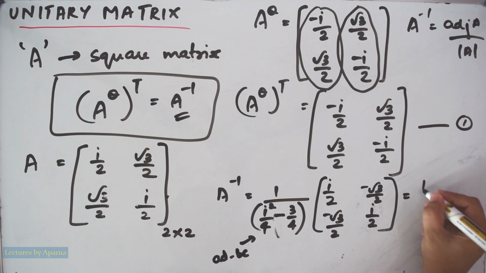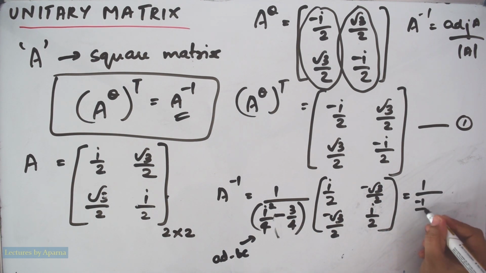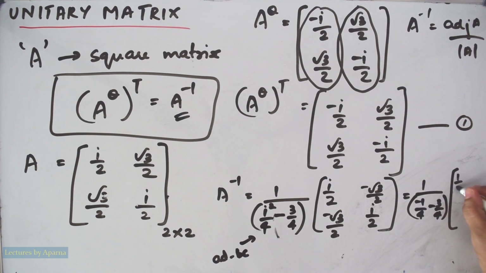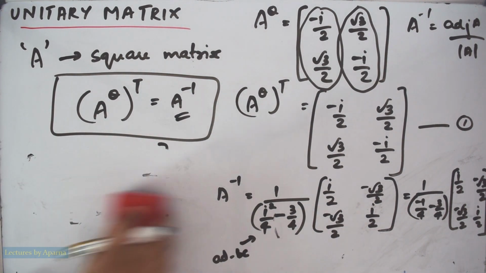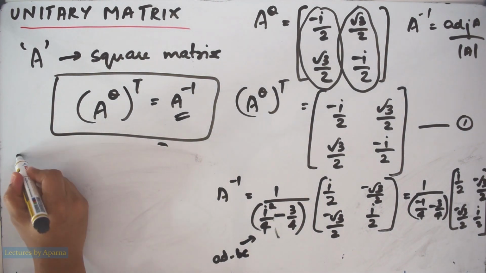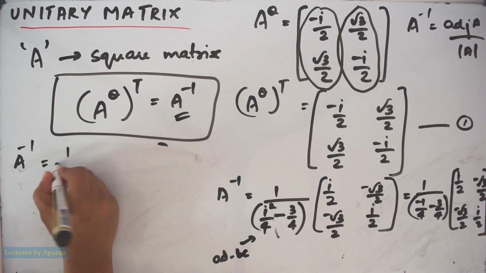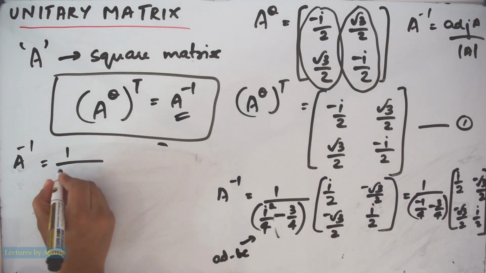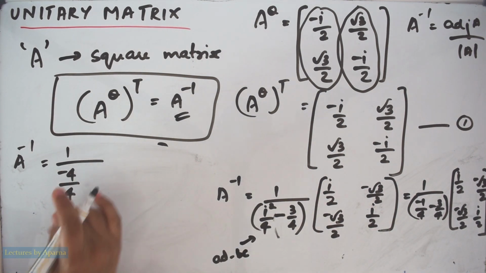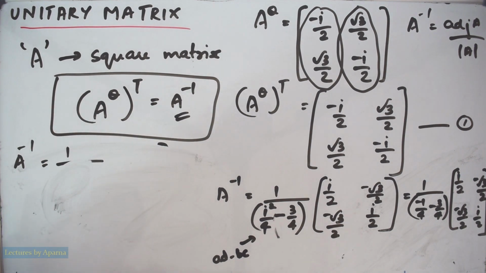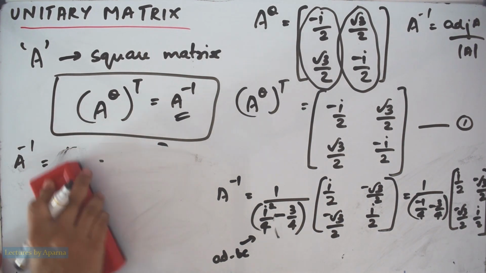So therefore you get 1 by i square is minus 1 by 4 minus 3 by 4, into this matrix i by 2, minus root 3 by 2, minus root 3 by 2 and i by 2. Therefore A inverse is equal to 1 by minus 1 minus 3 over 4, which is 1 by minus 1, that is minus 1.